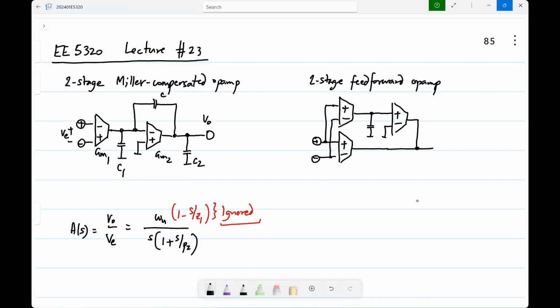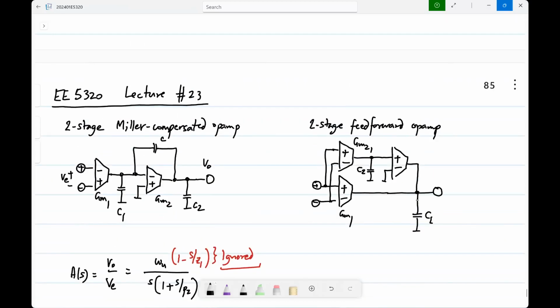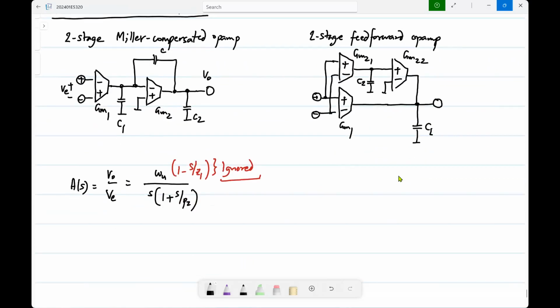Okay. And you have some load capacitor CL, let's say. Then you have C2 here. This is GM1, GM21, and GM22. Okay.